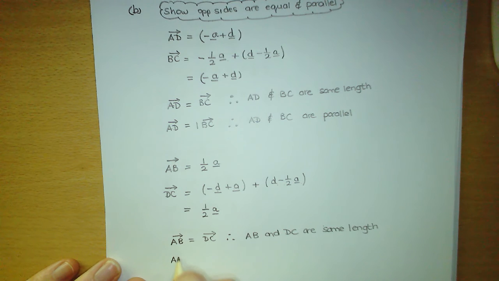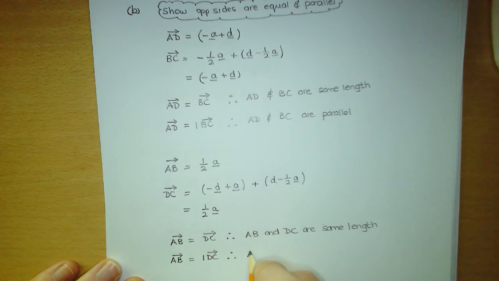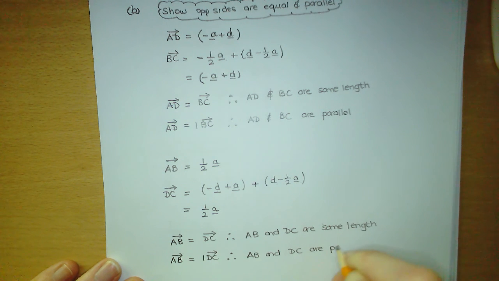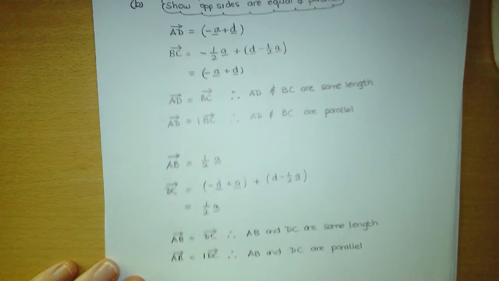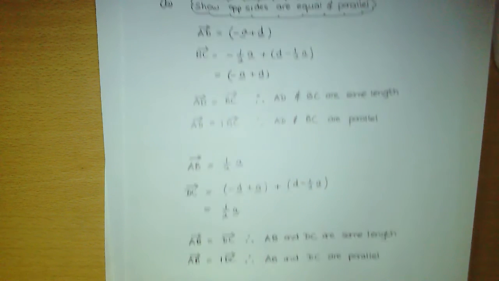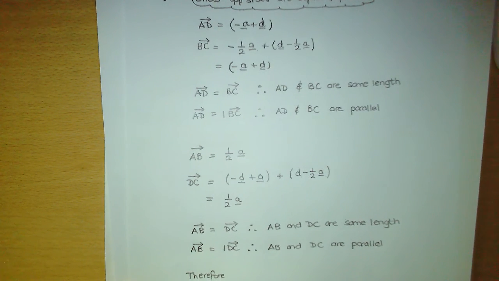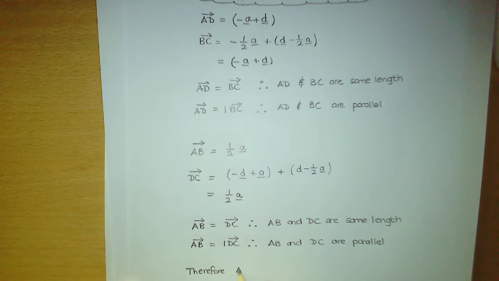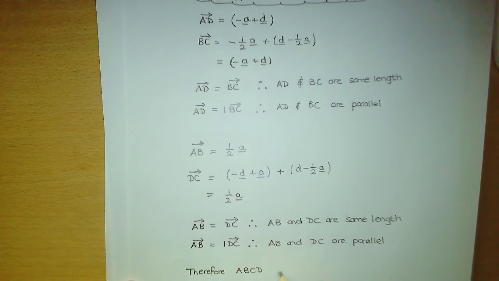So AB is equal to 1 DC, which therefore implies that they're parallel. So we've just shown that opposite sides are equal and parallel, so therefore the quadrilateral ABCD is a parallelogram.